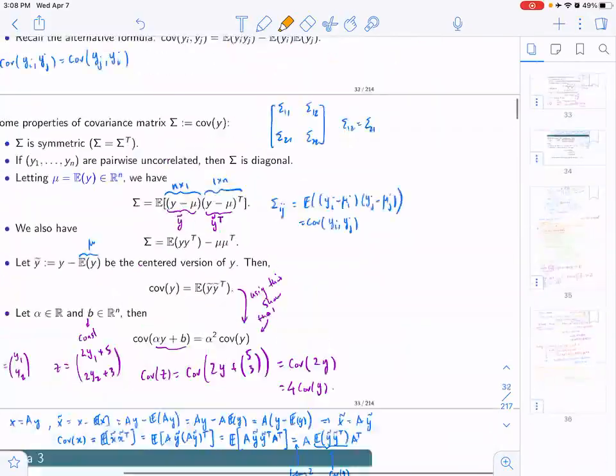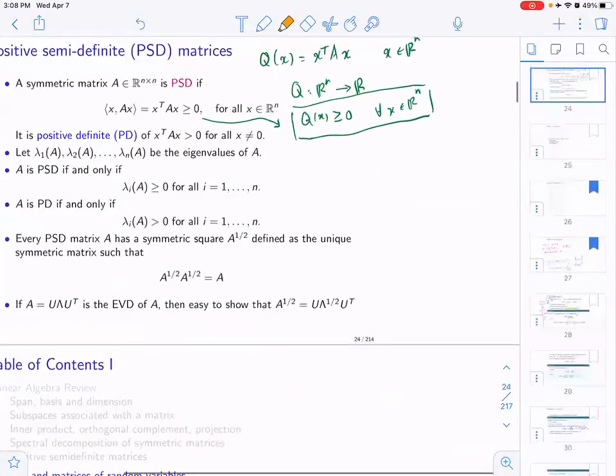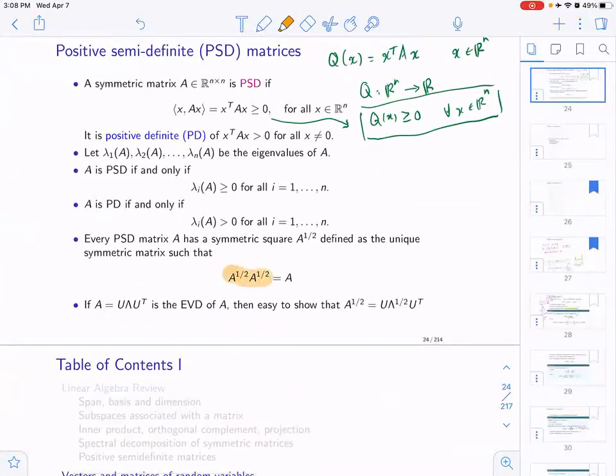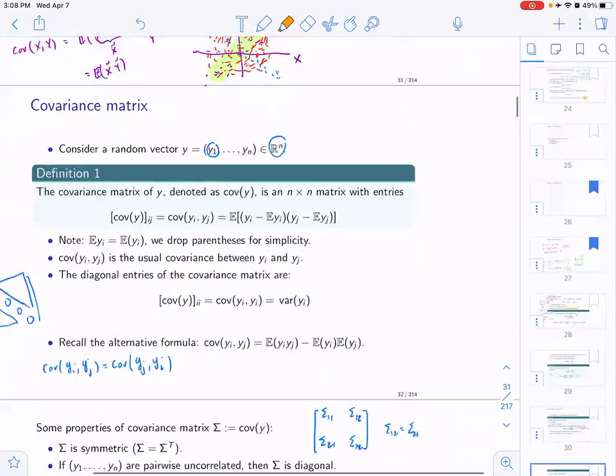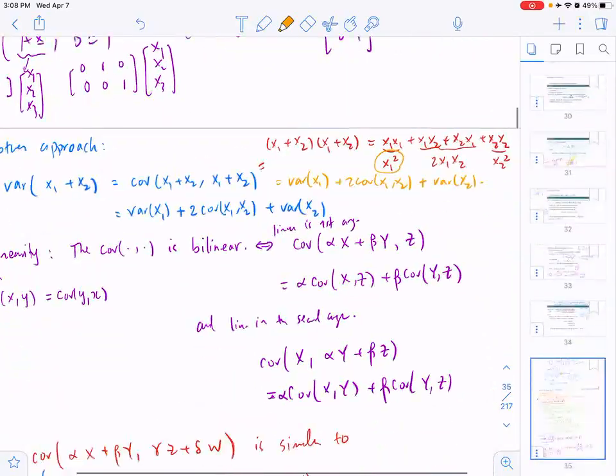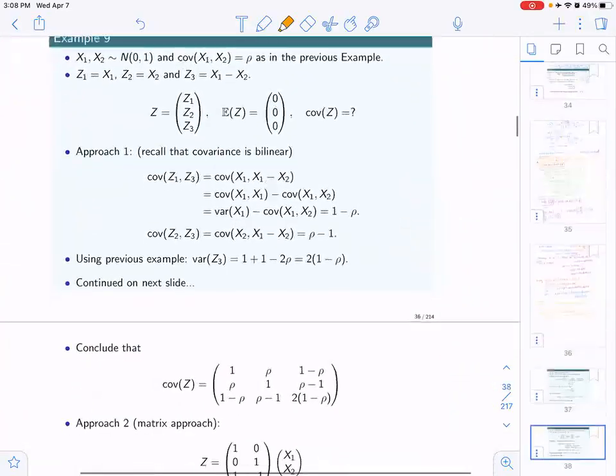So if you go back to these ideas, there's a matrix square root, which has the property that A^(1/2) squared is A. And using the eigenvalue decomposition, you can compute this by just applying 1/2 to the diagonal matrix of the eigenvalues that appear in the spectral decomposition. Sigma negative 1/2 is just the inverse of that square root. So you can take the square root first and then take the inverse, or take the inverse and then take the square root.